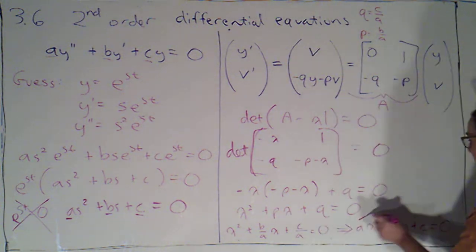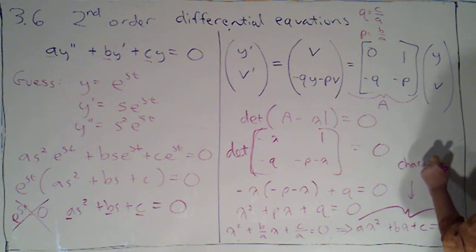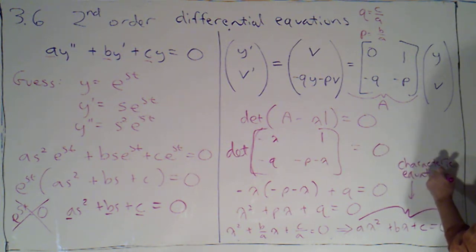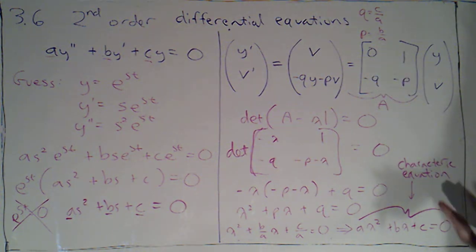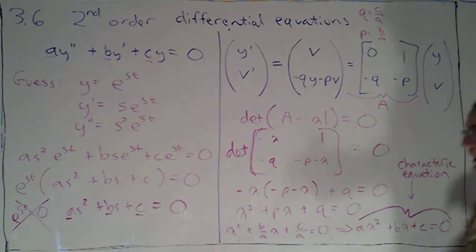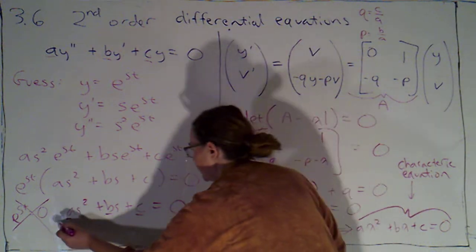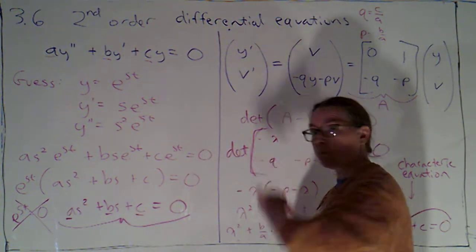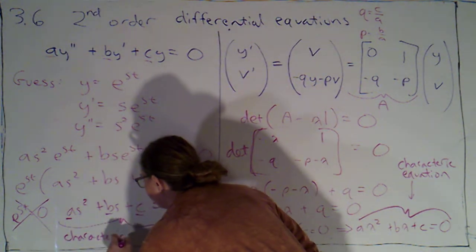Over here, we called this equation the characteristic equation. So this would be the characteristic equation for our system. We can also refer to it as the characteristic equation for that matrix. Okay. Over here, would anybody like to guess what we call this equation? Yes, you're right. We call it the characteristic equation.